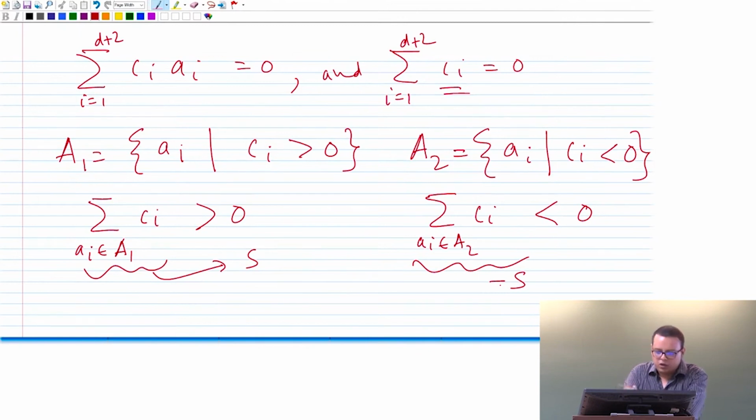How do you do it? Consider the point x, which is equal to summation Ci by S. So, summation Ci here is S, where Ai belongs to A1.